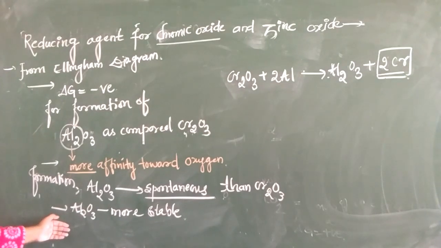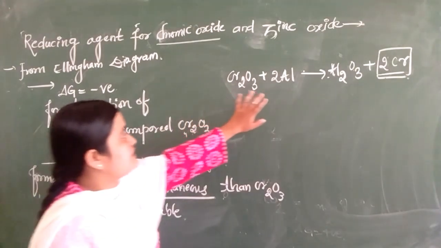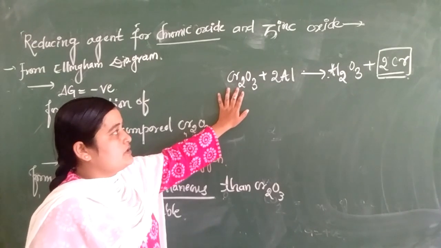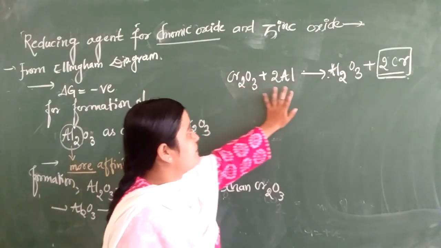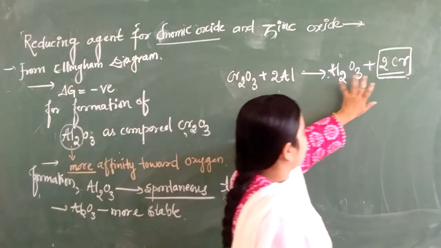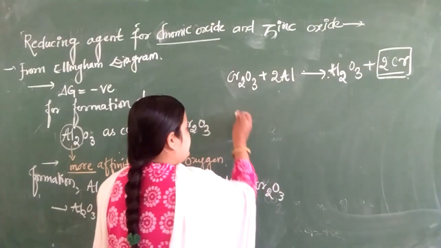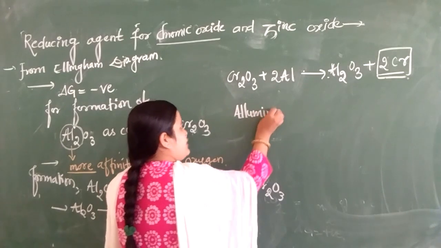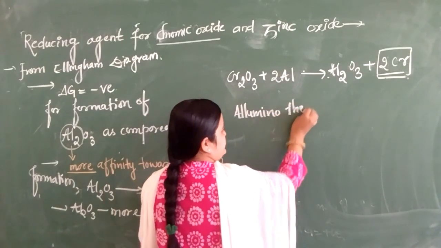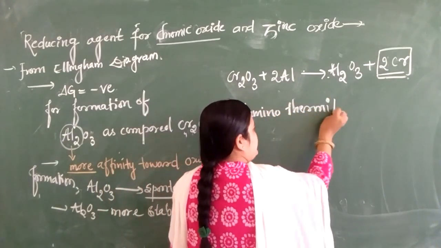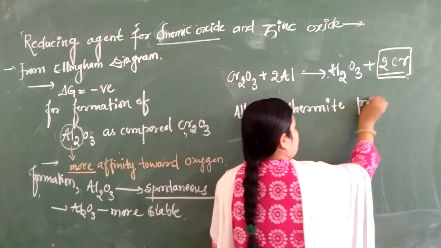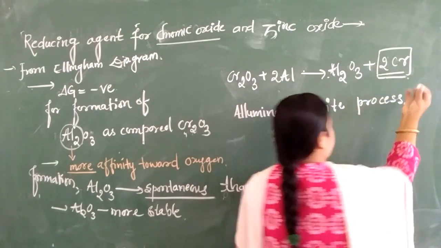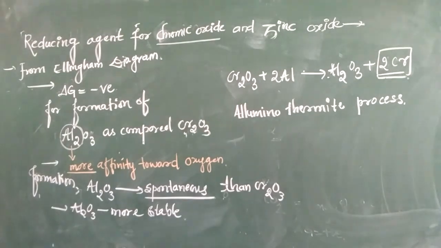So aluminium can be used as a reducing agent for chromium. Cr2O3 plus 2Al gives aluminium oxide plus 2Cr, and this process is called the aluminothermite process. Got the point?